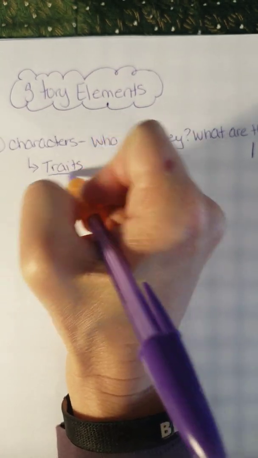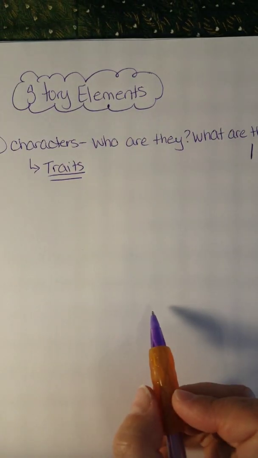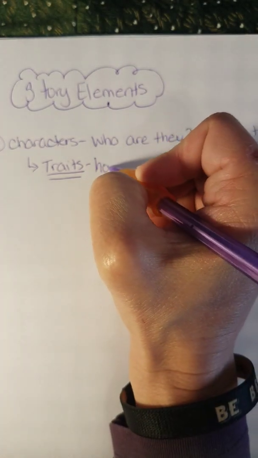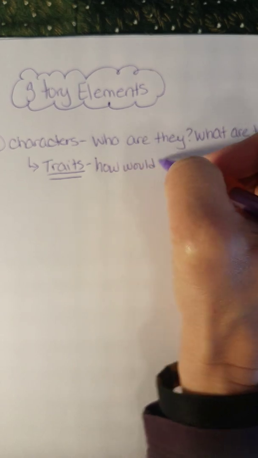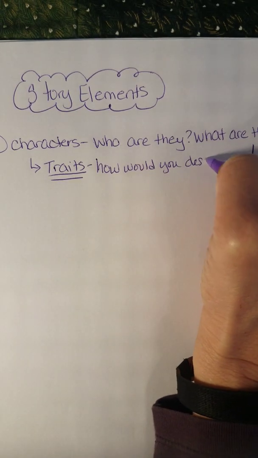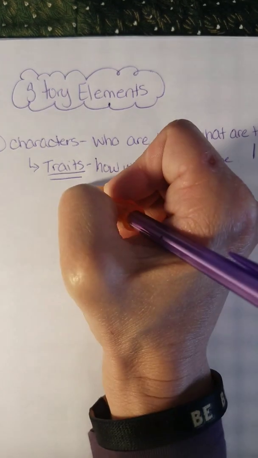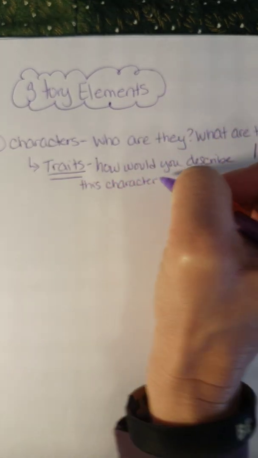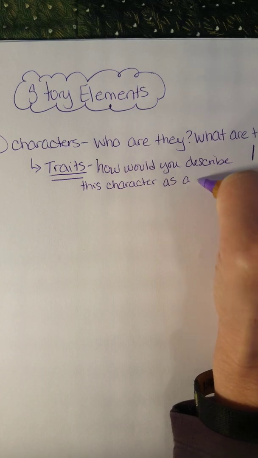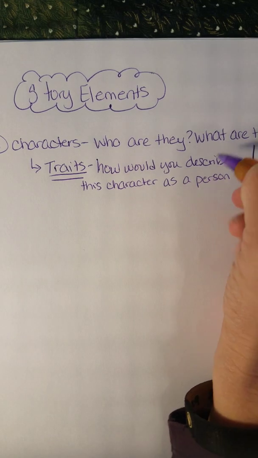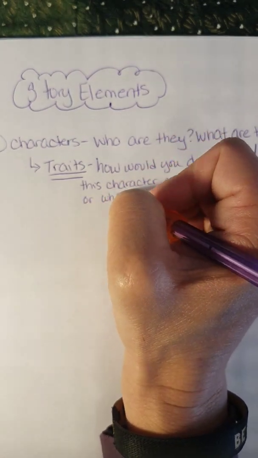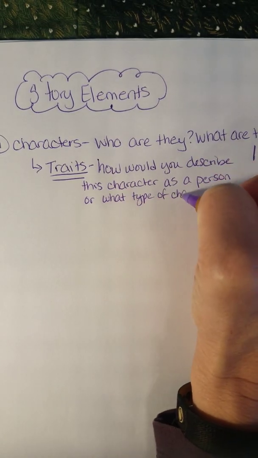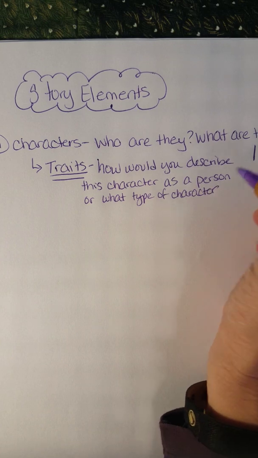Okay. All right, then things that you want to keep in mind with characters are their traits. All right, character traits. If you guys can remember what those are, this is how you would describe this character as a person, or what type of character you have.